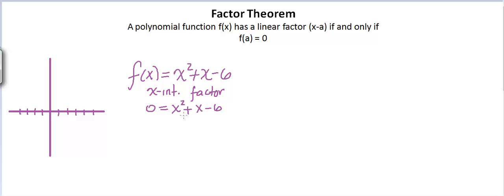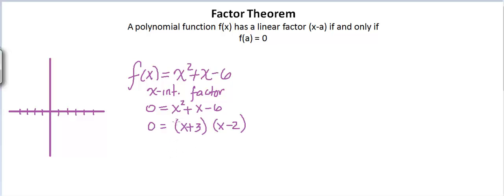And if we were lucky, we were able to factor this. If we couldn't factor, then we had to use the quadratic formula, or we could also try the other method of completing the square. Okay, so in this case, I have 0 is equal to, and I'm going to try and factor this. When we factor this, we get x plus 2. I'm sorry, x plus 3 times x minus 2.